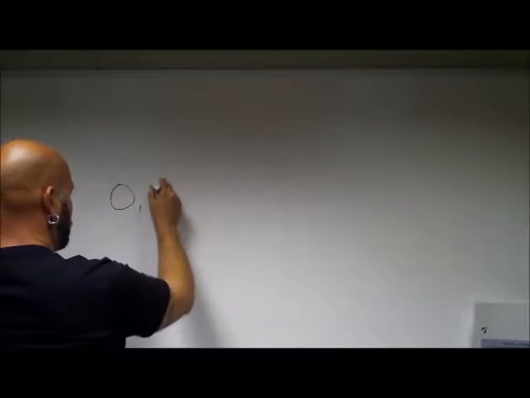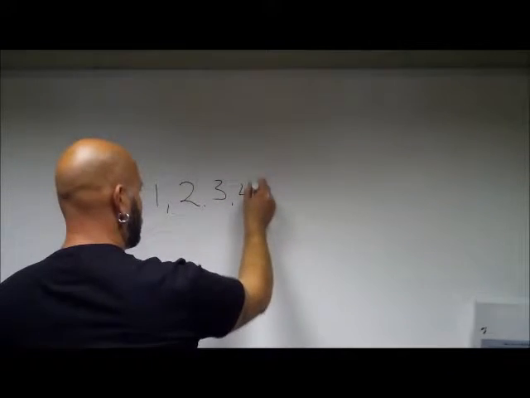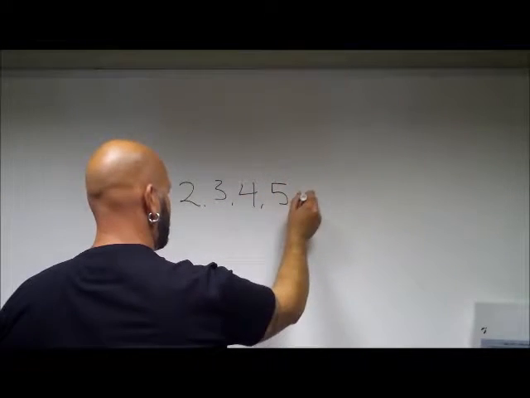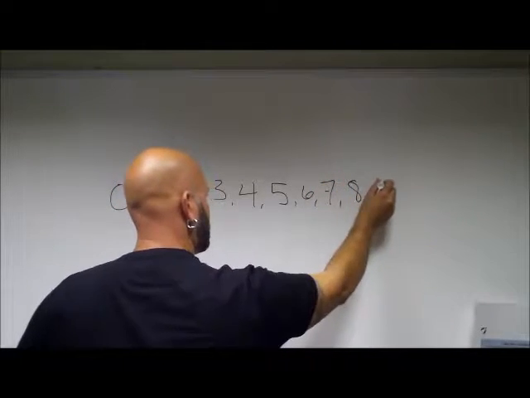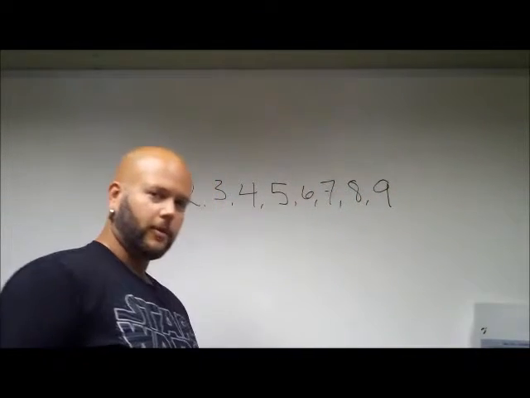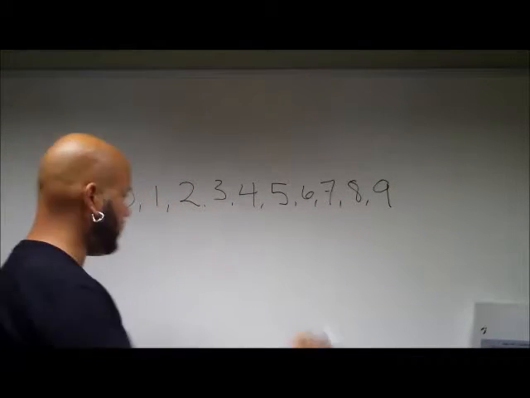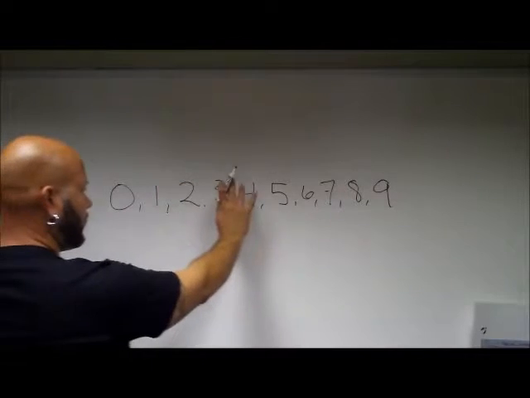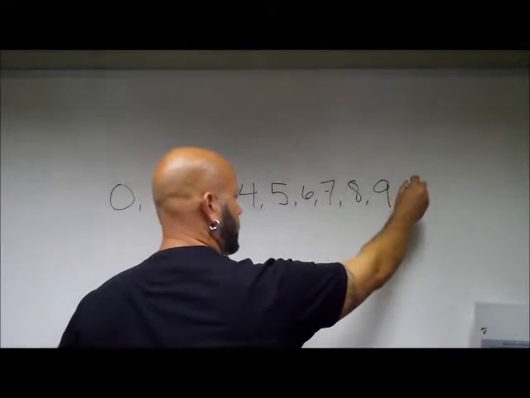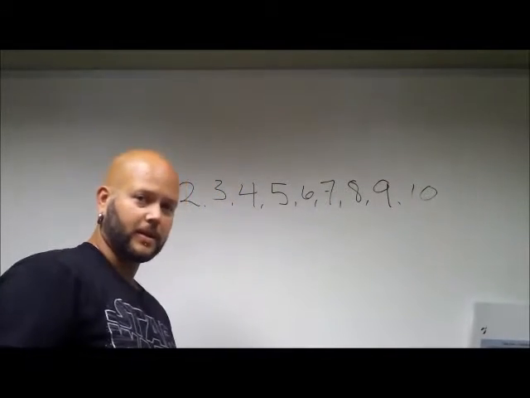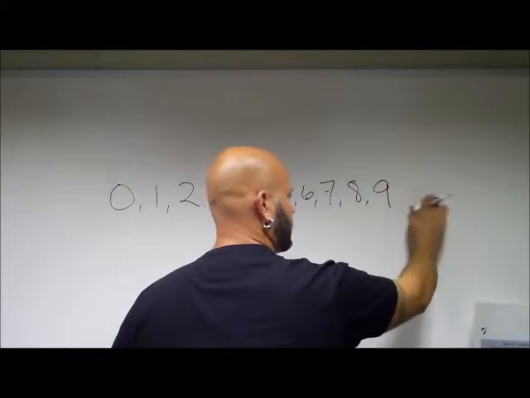0, 1, 2, 3, 4, 5, 6, 7, 8, and 9. Notice how I didn't write 10, because we have 10 digits here. But 10 is not part of our base 10 system, which sounds very strange because we write 10 all the time.